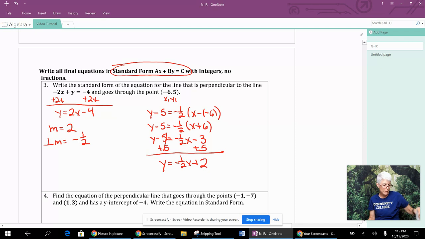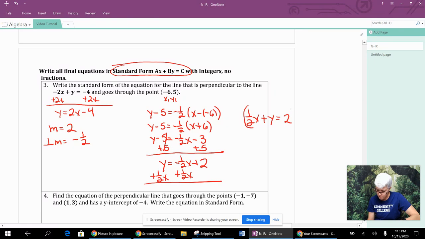Okay, now at this point, I'm not done because I have to change it to standard form. So I need to move the x. I need to get rid of the fraction. And I think when I move the x, it will get rid of the negative, which is nice. So now I have 1/2 x, whoops, almost forgot my y, plus y equals 2.